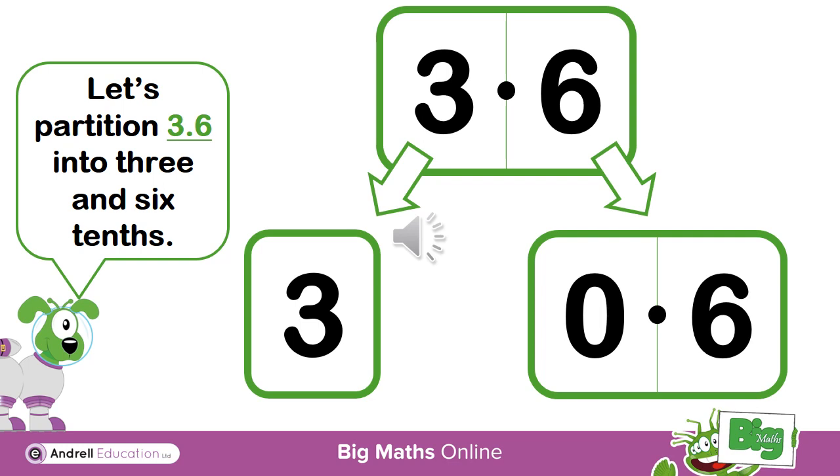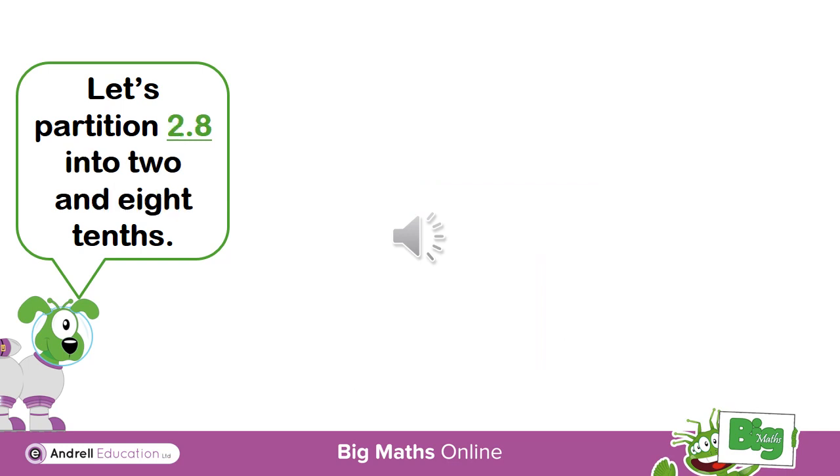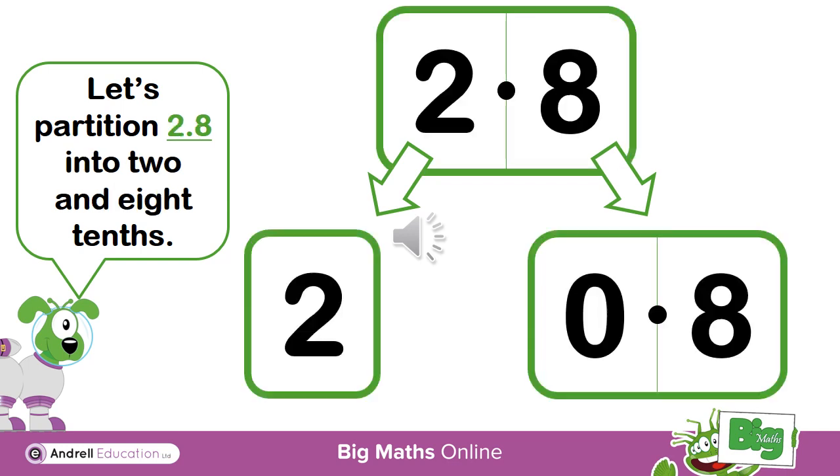So here we've got 3.6, and we're going to partition it into 3 ones and 6 tenths. Here is another example. So we've got 2.8, and we're going to partition it into 2 ones and 8 tenths.